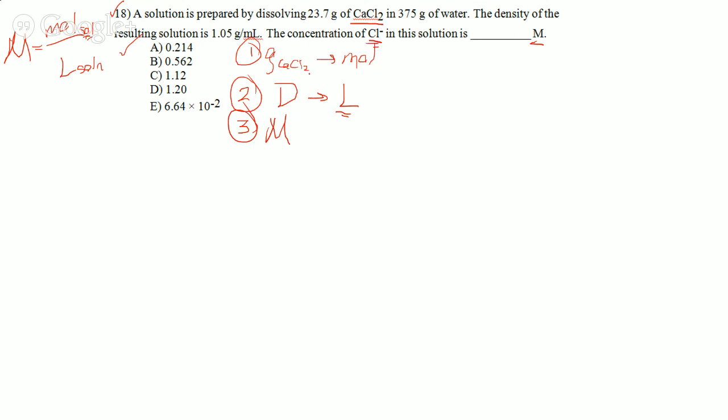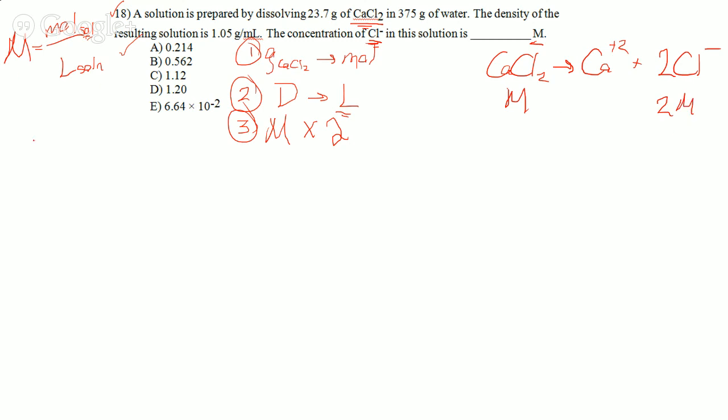So what we got to do is take the molarity of CaCl2 and times it by 2 because we get 2 Cl minuses. CaCl2 is going to break up into Ca 2+ and 2 Cl minuses. So if we know the concentration of this, then the concentration of the Cl minus is going to be twice that.